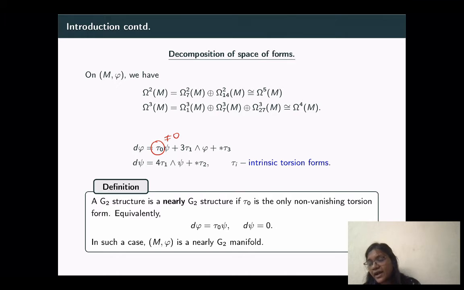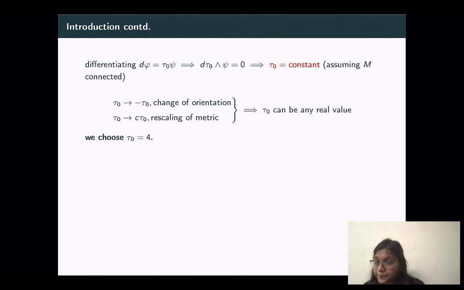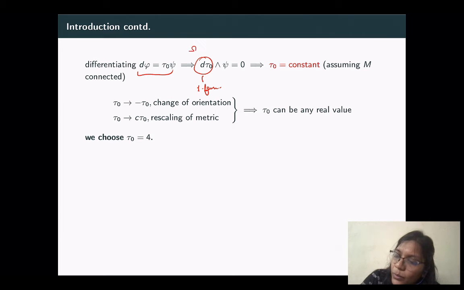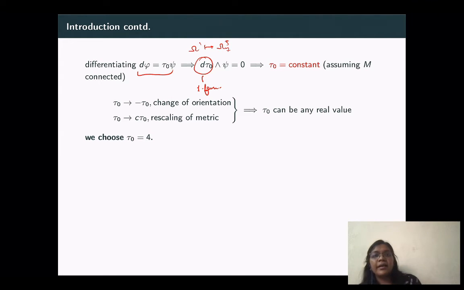So if the 3-form phi satisfies this equation, then we can say that phi is nearly G2. One thing we can also observe from here is that if we differentiate d phi equals tau_0 psi, then the equation we get is just that d tau_0 wedge psi is equal to 0. But now d tau_0 is a 1-form, and wedging with psi is an isomorphism from Omega^1 to Omega^5_7, and that's why if d tau_0 wedge psi is 0, that implies that d tau_0 is 0.